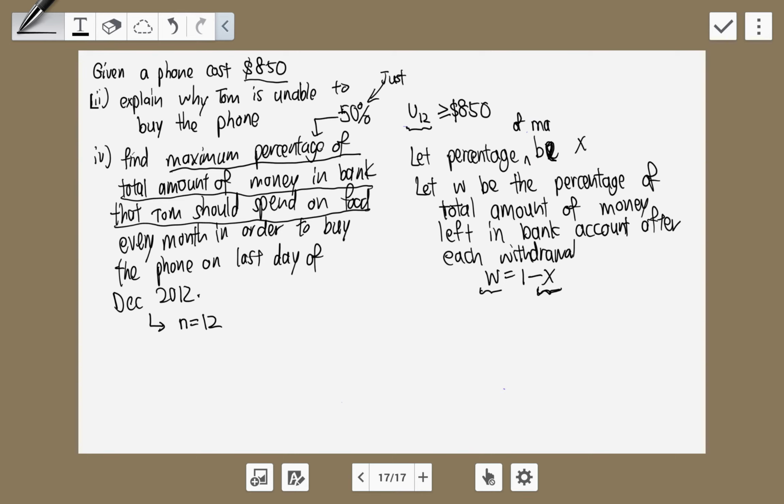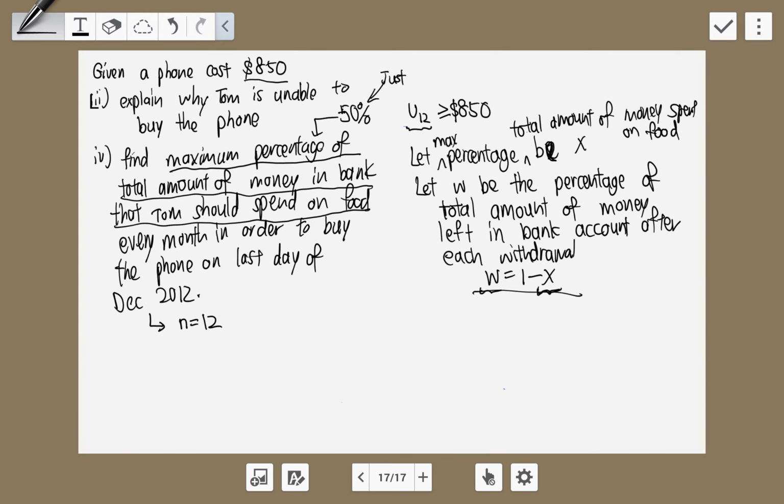This x was my maximum percentage of the total amount of money spent on food. So if the percentage was 30%, that means I was left with 30% of the total amount.